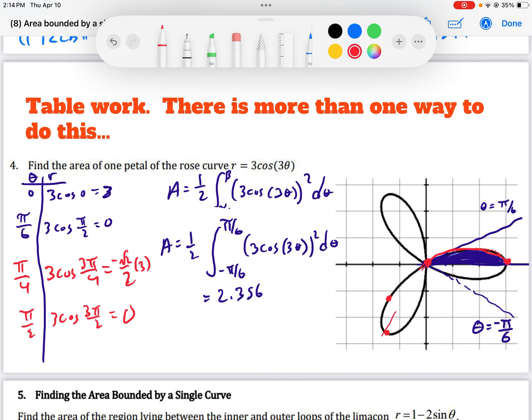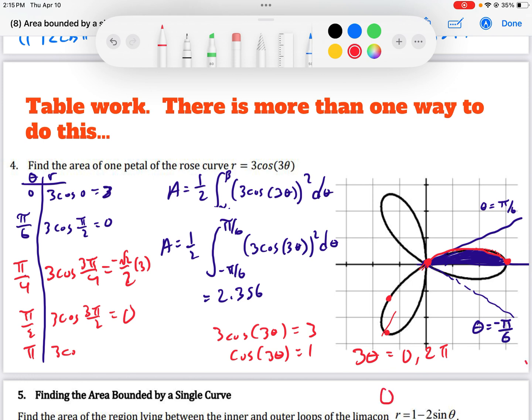So when is it 3 there? Maybe when cosine is pi. 3 cosine, no, that's not right. All right, let's do it this way. Set the radius equal to 3. When is that 3? So cosine of 3 theta is equal to 1. Cosine is equal to 1 when we have 0, and then it goes all the way back around to 2 pi.